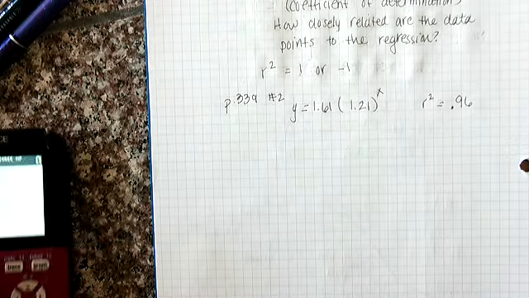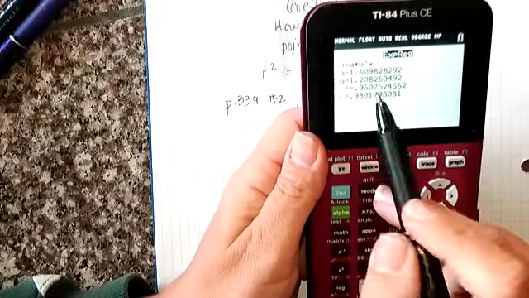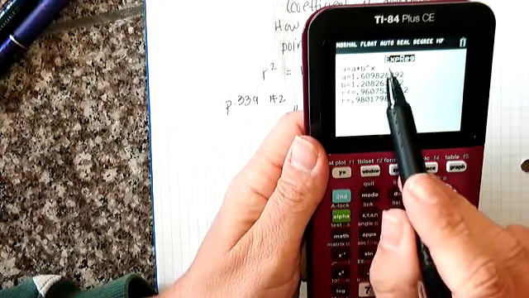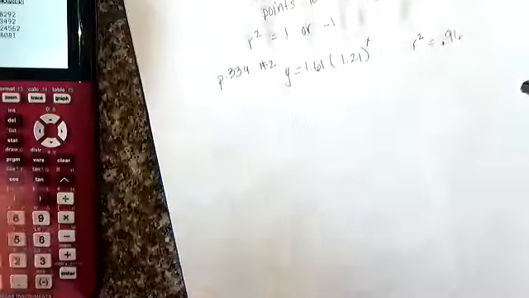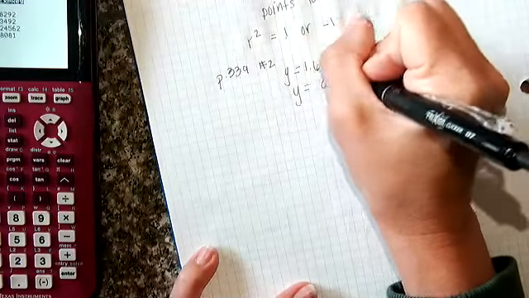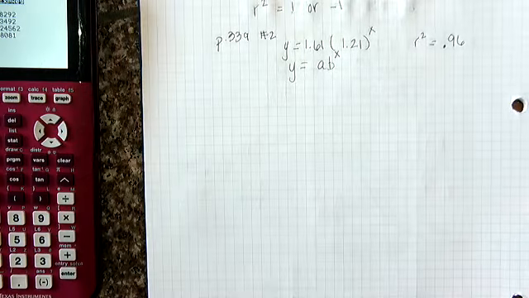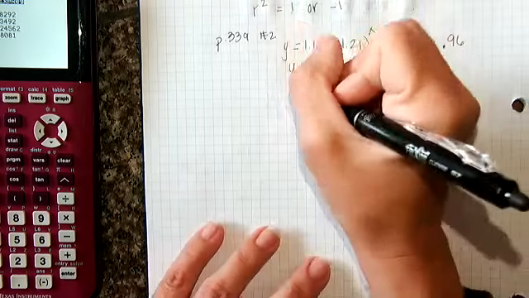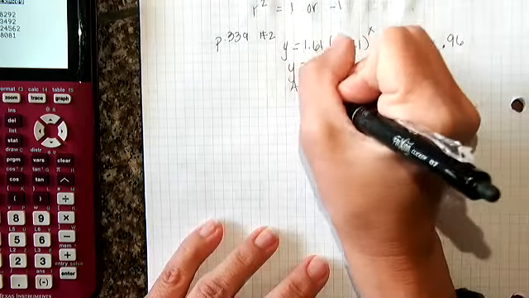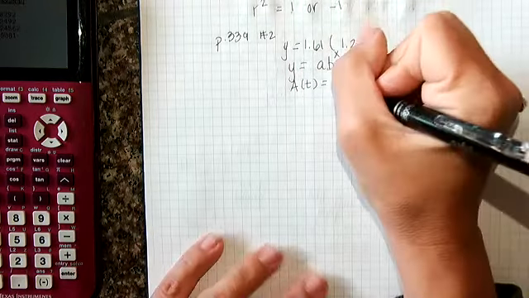You see on your calculator, and I think I mentioned this in the last video, it says y equals a times b to the x. Great, that's what we just did. But you also notice that all the problems in section 5.8 and this one as well say express it in the form A of t equals A sub 0 e to the kt.